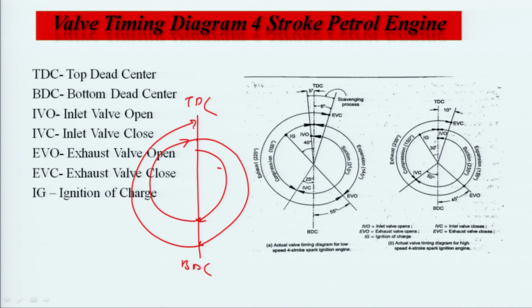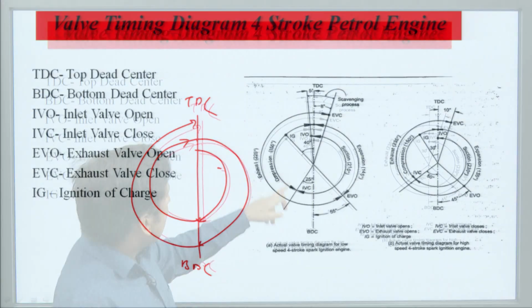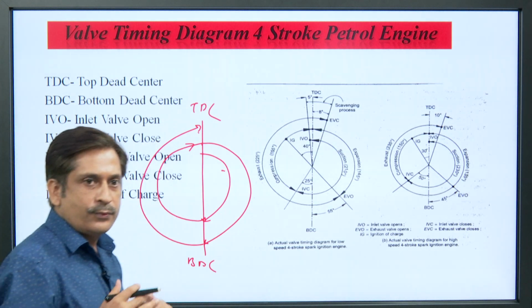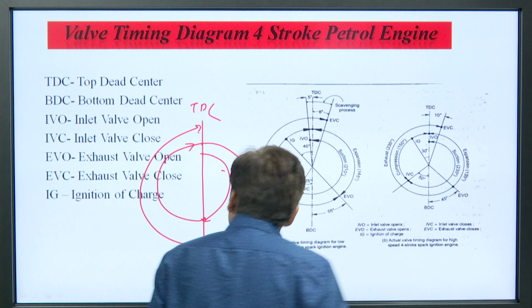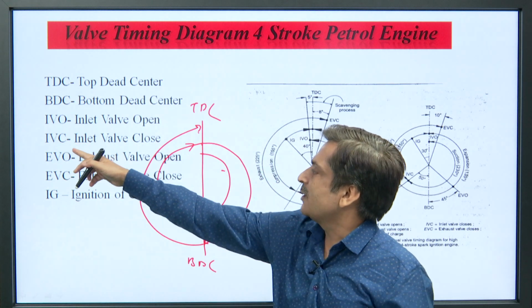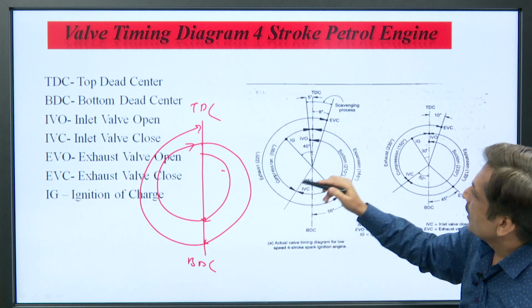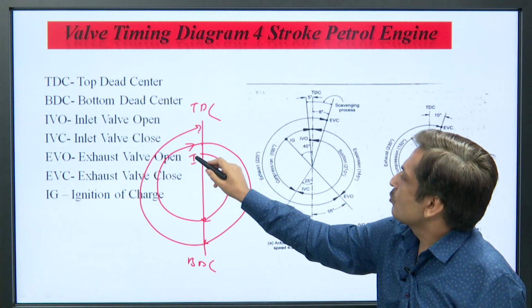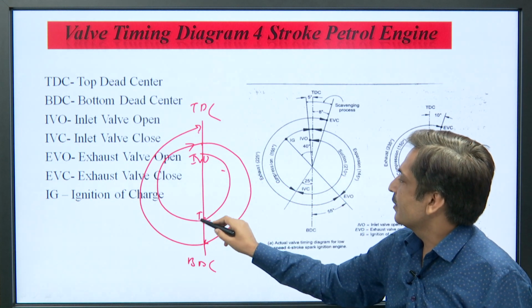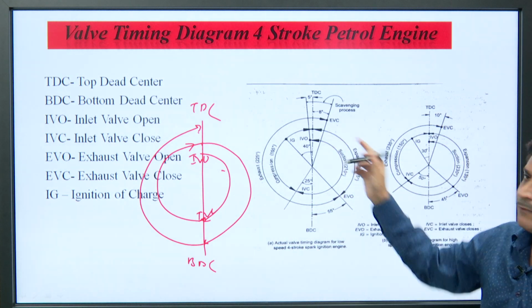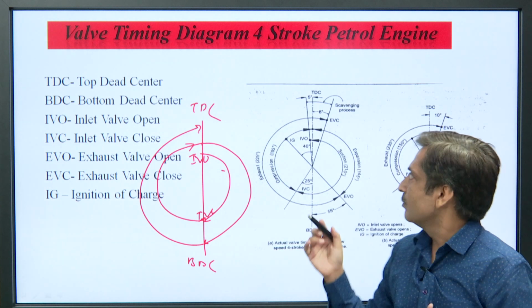In the real diagram, here we see the TDC and BDC, and the opening of valves: inlet valve open, inlet valve close, exhaust valve open, exhaust valve close, and ignition start. So, here the inlet valve ideally was open here and closed here, but in the real diagram the inlet valve is opened somewhat before.